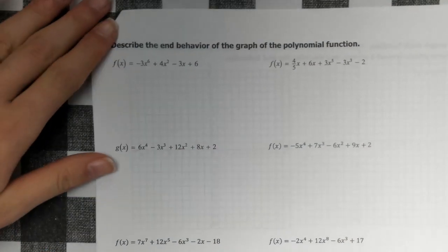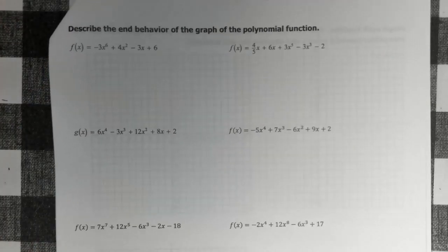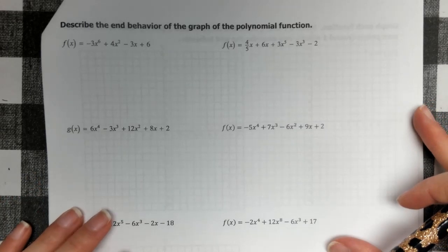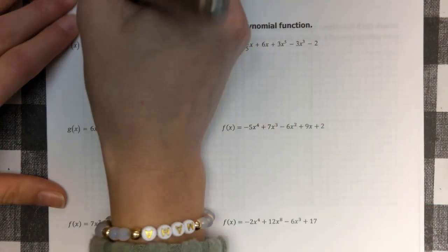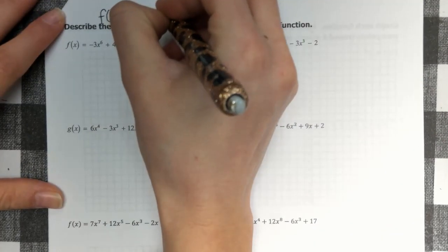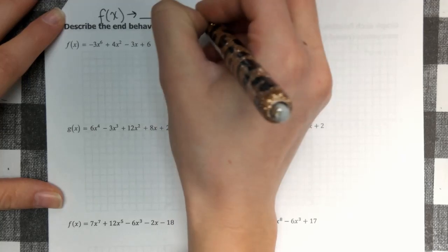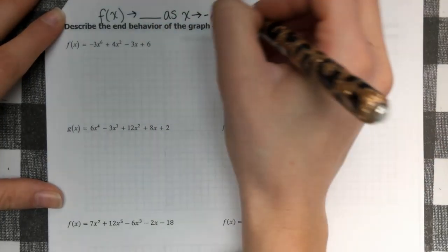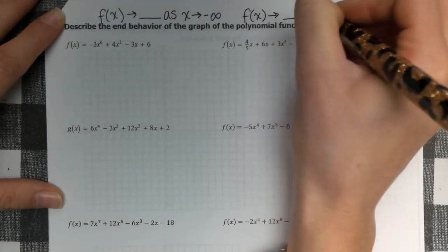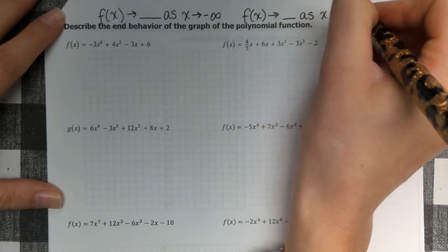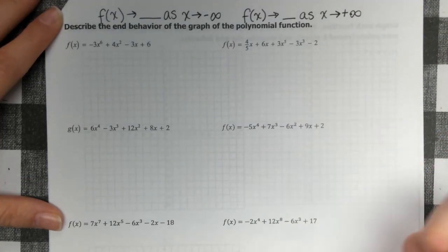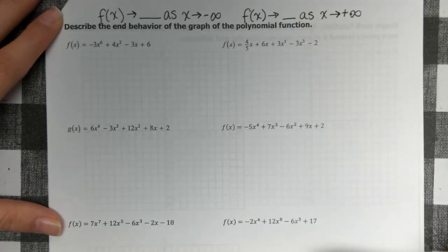So when we do our end behaviors from just a function, you will not get the graphing calculator for this. So remember that for your end behaviors, we write f of x approaches blank as x approaches negative infinity, and then f of x approaches blank as x approaches positive infinity. Now you're going to write that every single problem, so you're going to have it down by the end of this section, I bet.